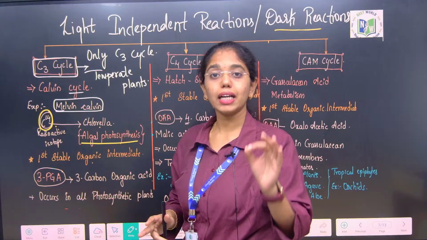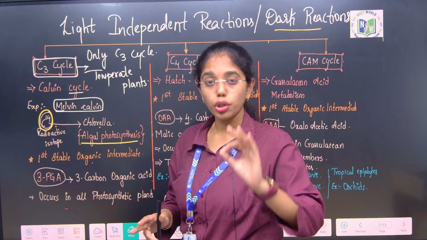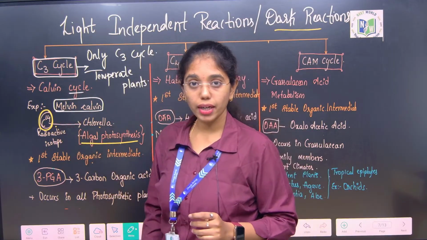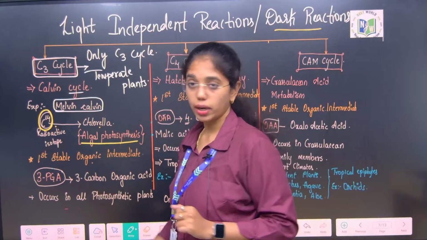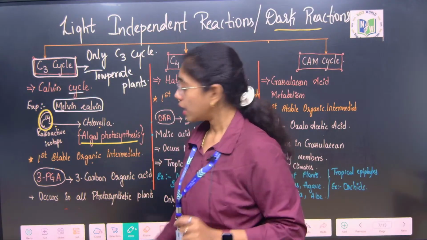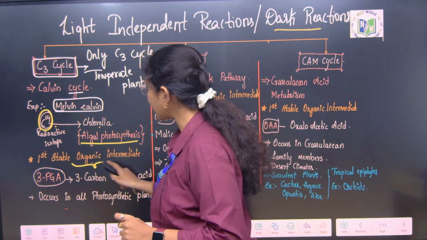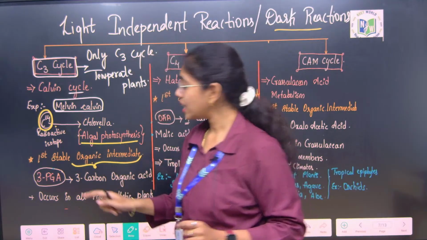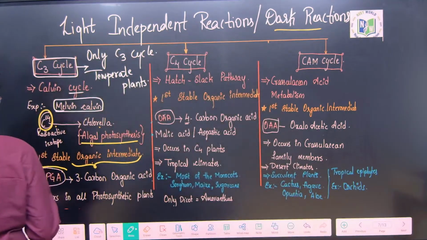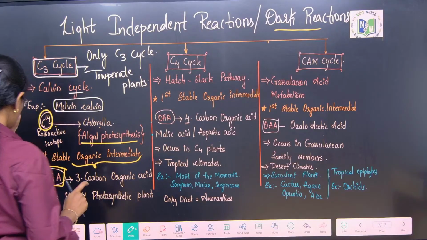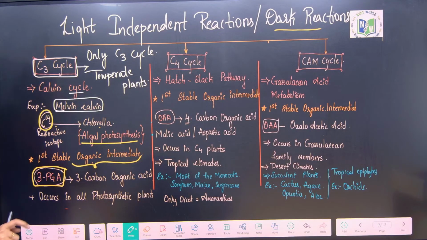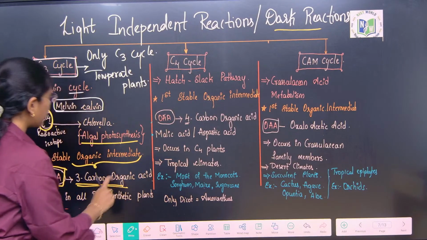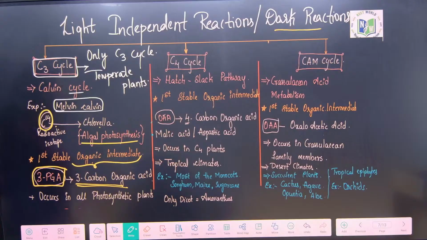When he conducted algal photosynthesis using C14 on chlorella, he observed that the first stable organic intermediate formed is 3-phosphoglyceric acid, which is a 3-carbon compound. That is why he named it the C3 cycle.